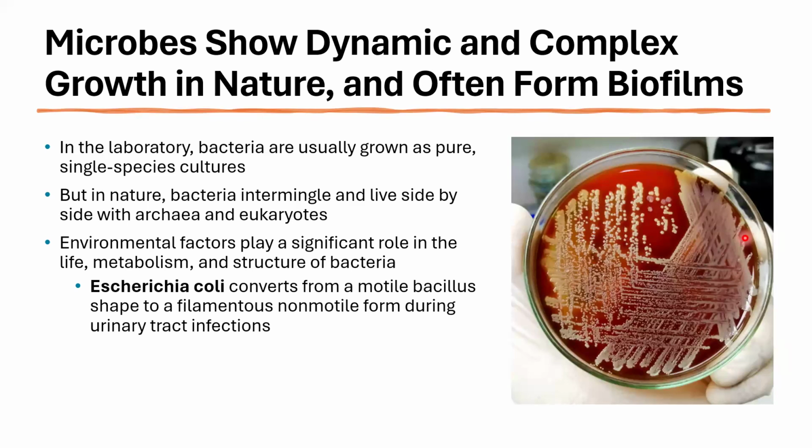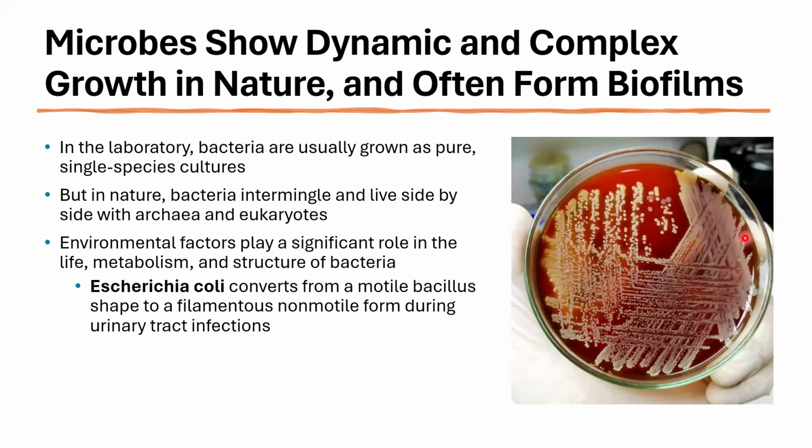And so while there is a little bit of intermingling going on here, ultimately, if we were studying these in the lab, we would separate them onto their own individual plates. And if we wanted to know about both of them, then we would grow them on separate plates and do the assays independently.